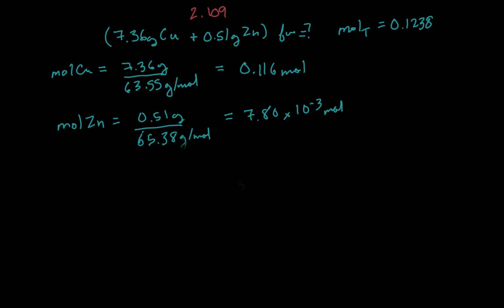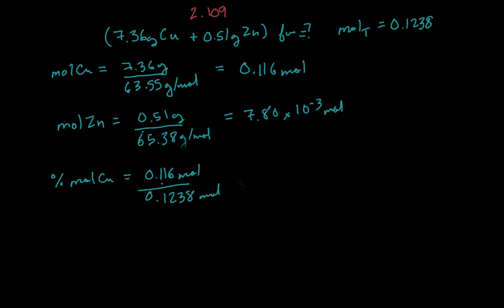Let's get our mole percentages. Percent moles of copper is the moles of copper over the total moles: 0.116 moles divided by our mole total, 0.1238 moles.